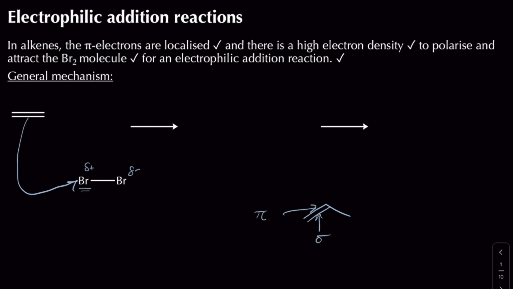Now the next thing is that bromine can't have two bonds, because what we've actually done is form a bond between one of the two carbon atoms over here, either one of the two edges and corners in the skeletal formula of ethene. Bromine can't have two bonds, so one bond must break, and it's going to be this bromine-bromine bond, where we end up with a special type of bond breaking, which we know from year 1 as heterolytic fission.